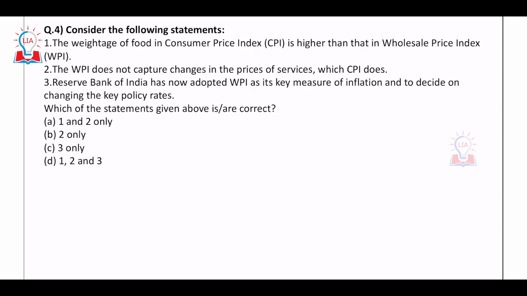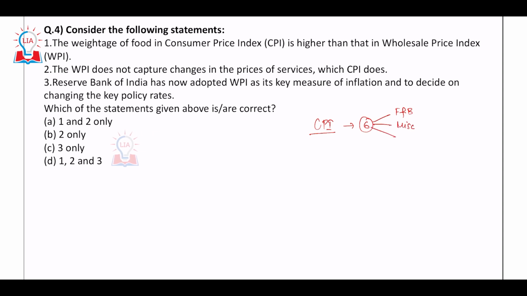Next, question number 4. It is a very easy question if you have a clear understanding of WPI and CPI, if you have gone through these concepts properly. The weightage of food in the consumer price index, as you can understand, CPI has 6 categories of items within it, out of which you have food and beverages as one, right?